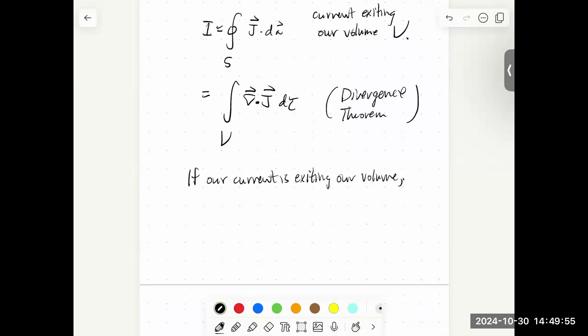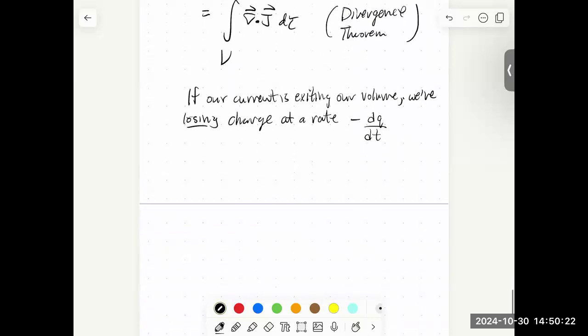So if current is exiting our volume, we're losing charge at a rate of minus dq dt, right? dq dt is the current, but because current is leaving our volume, the total charge inside our volume is going down. So dq is negative. All right, so what does that mean? That means that this integral of divergence of J d tau is minus d by dt of q.